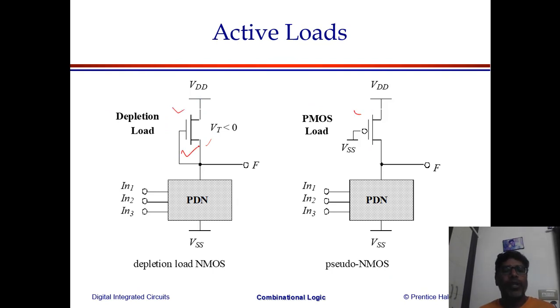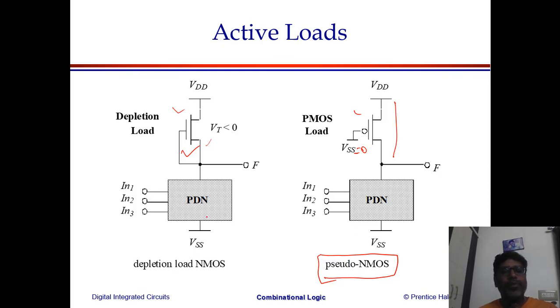This will be permanently on, which is almost like a resistance. This PMOS, which is connected to 0, will also be permanently on, right? So based upon the input combination, the output will either be pulled down to ground or be at VDD. That's what we call pseudo NMOS, having a PMOS at the pull-up network which is permanently on.